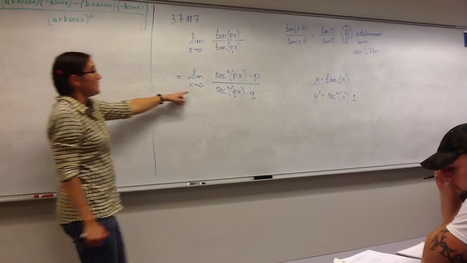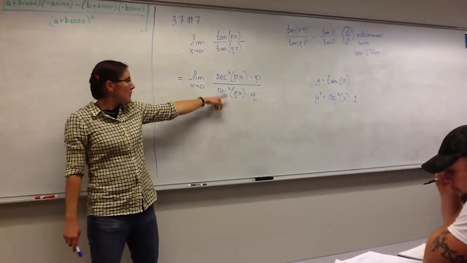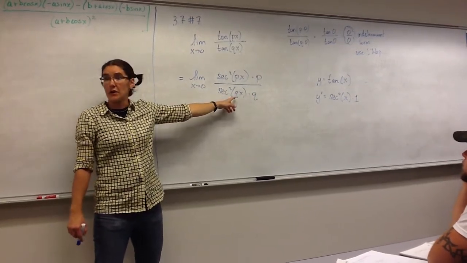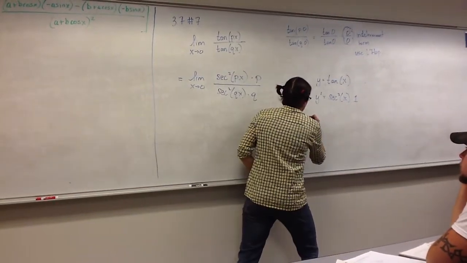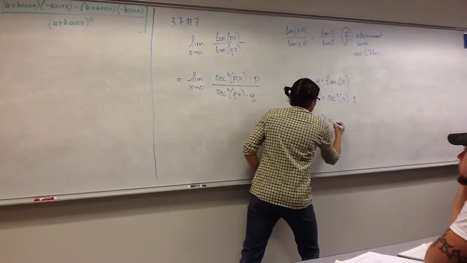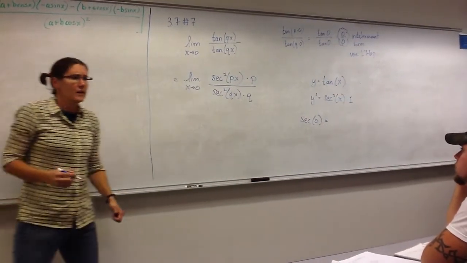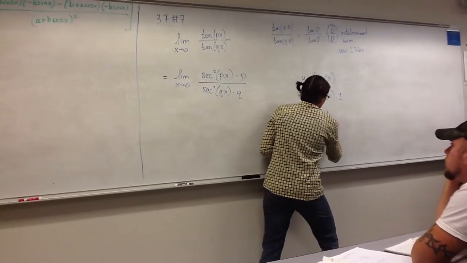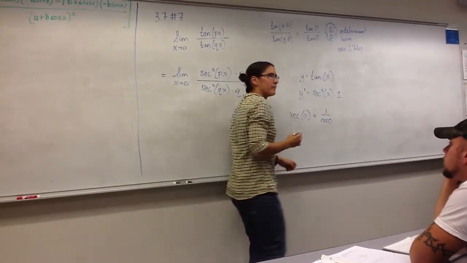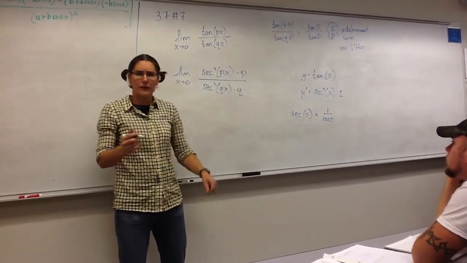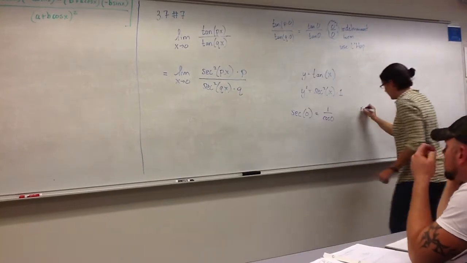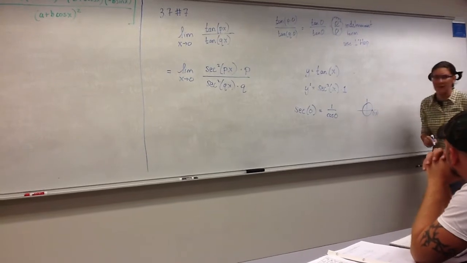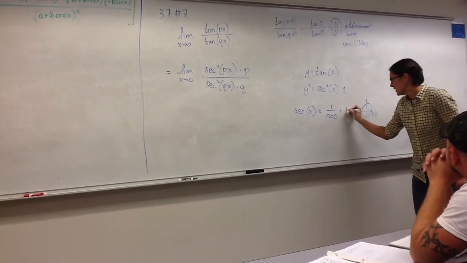And it actually is going to be useful because if I look at my denominator and my numerator now, in my denominator, if I allow x to go all the way to 0, what is the secant of 0? It's equal to 1. And if I wasn't sure about that, secant of 0 is the same as 1 over cosine of 0. And cosine of 0, well, that occurs on the unit circle over here on the right side, and so the x value is 1, the y value is 0, and we're looking at the x value.